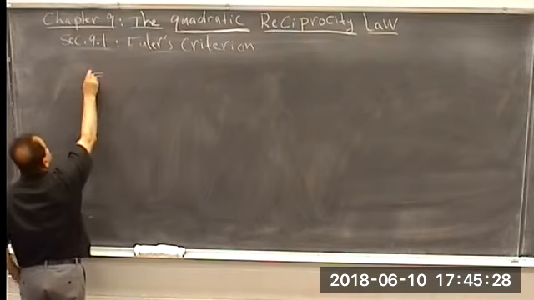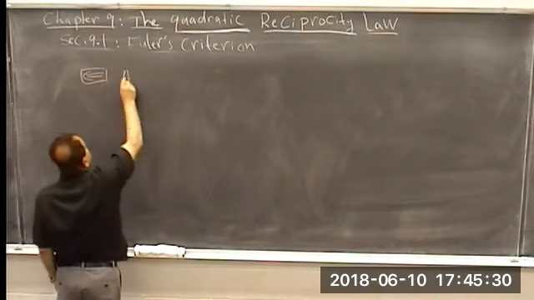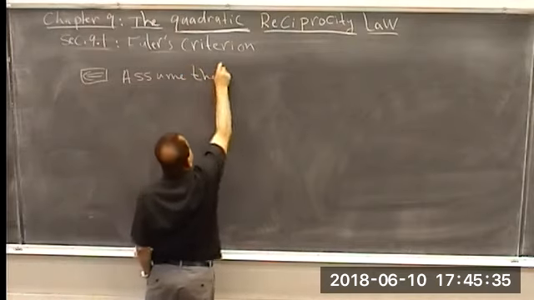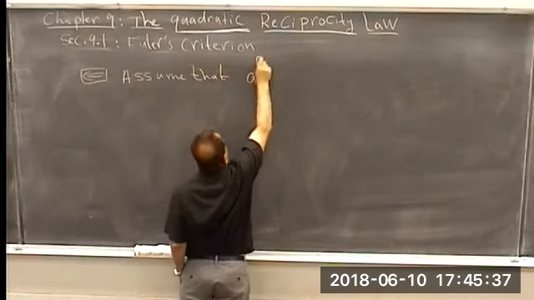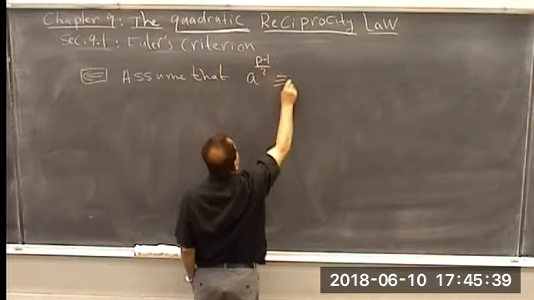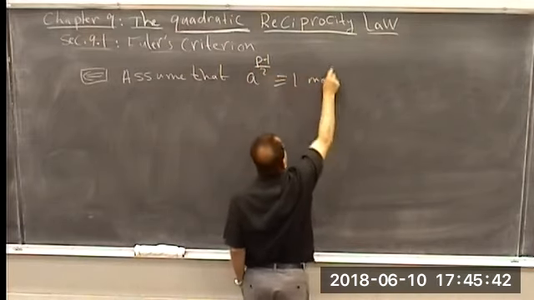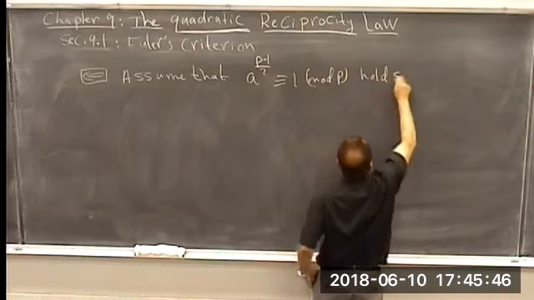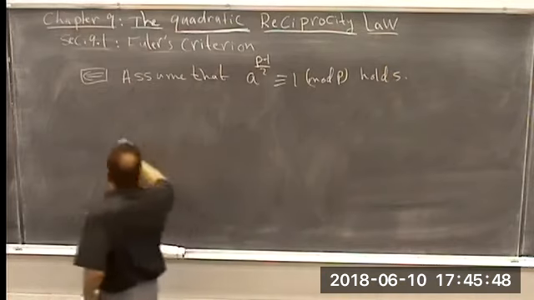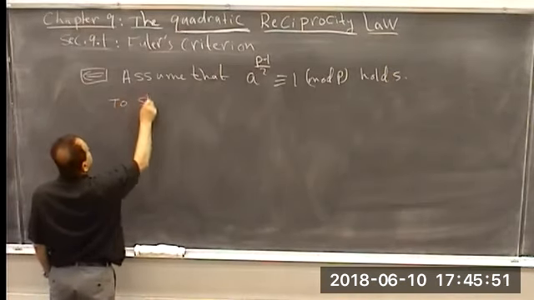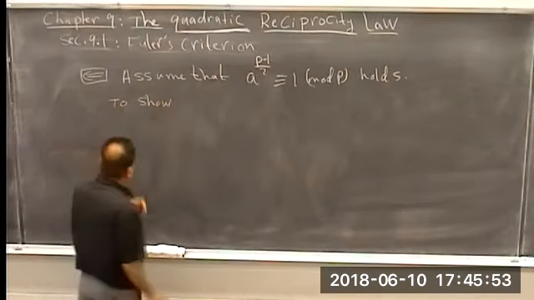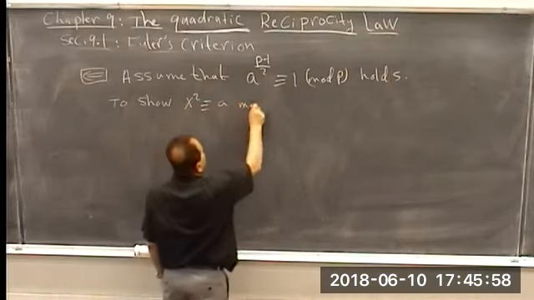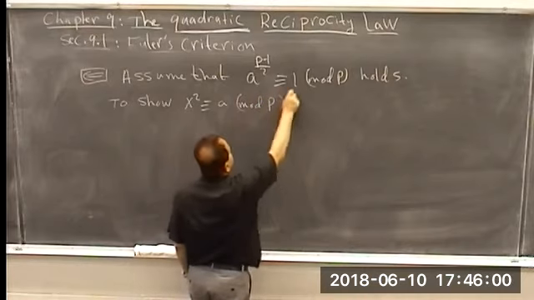So let's assume that A to the power P minus 1 over 2 is congruent to 1 mod P. And I want to show that x squared congruent to A mod P has a solution.